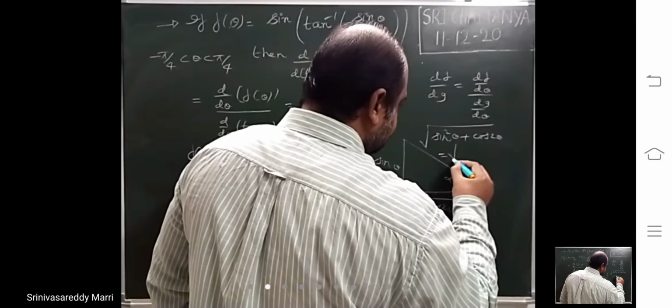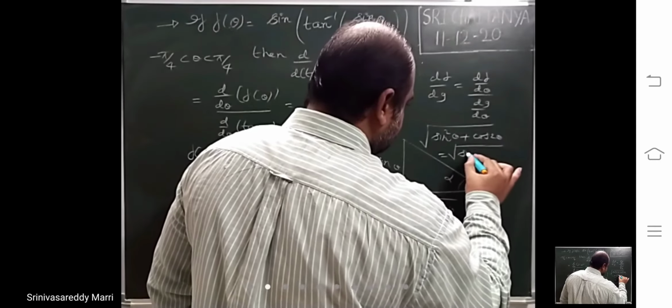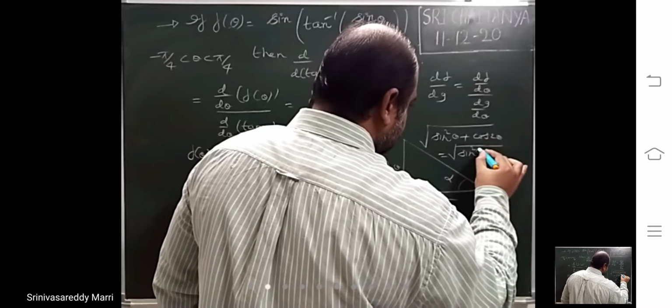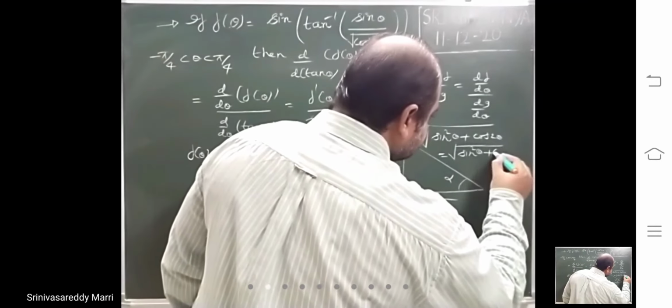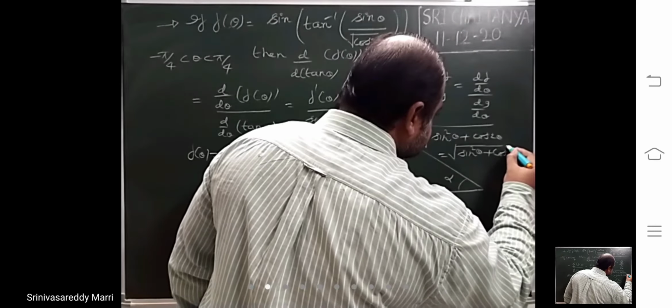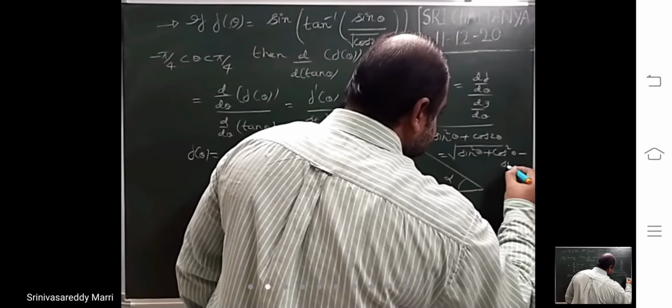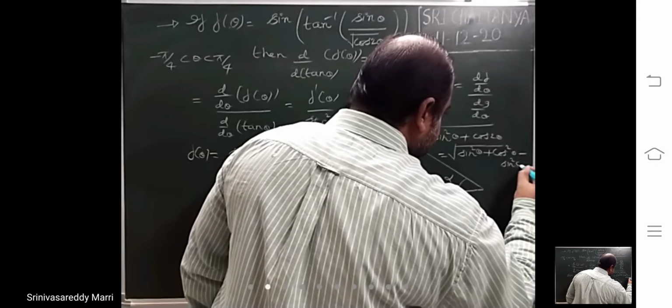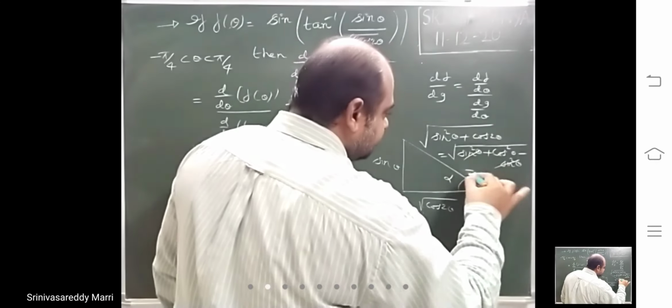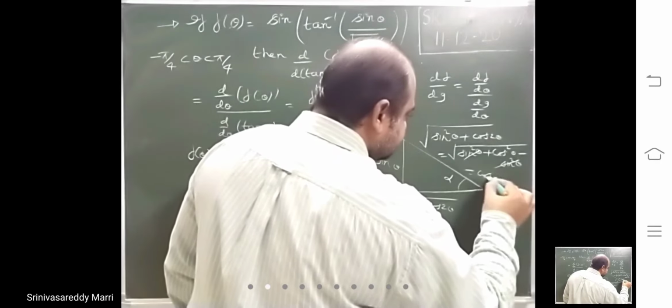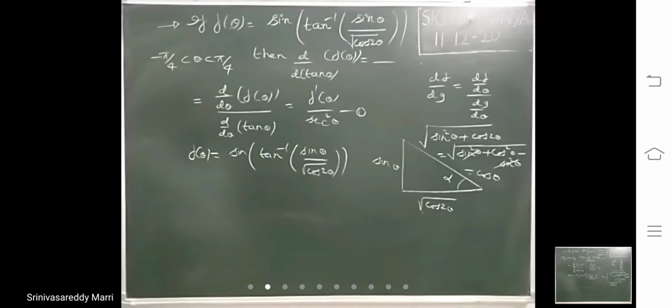That means this you will get root of sine square theta plus cos 2 theta, which is nothing but cos square theta minus sine square theta. Right, the basic formula of cos 2 theta. That means this is nothing but cos theta.